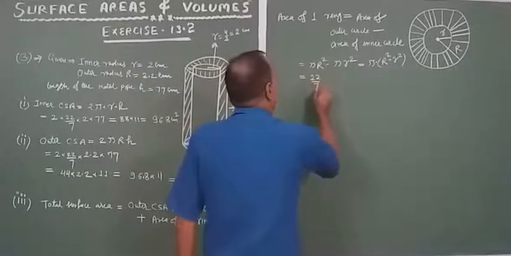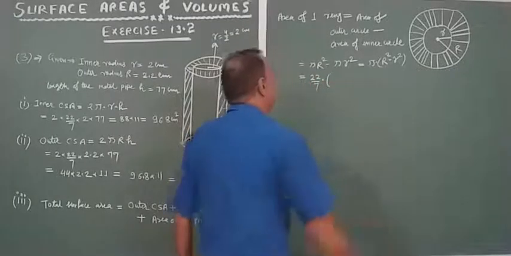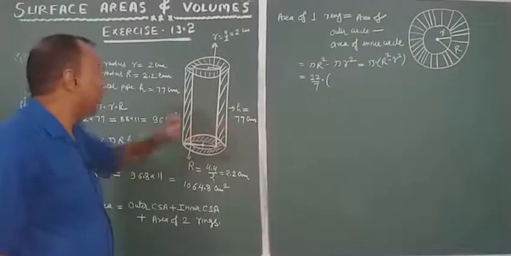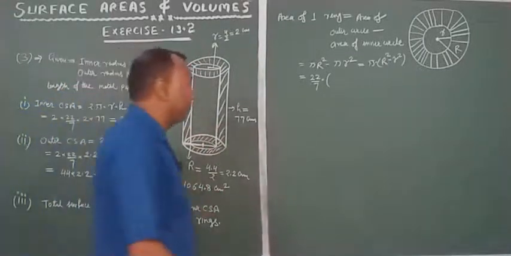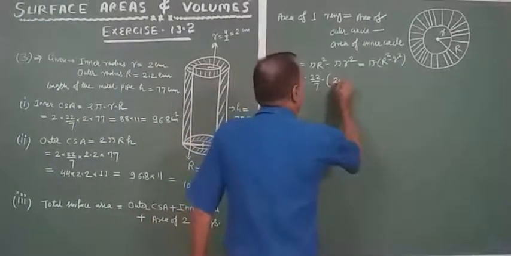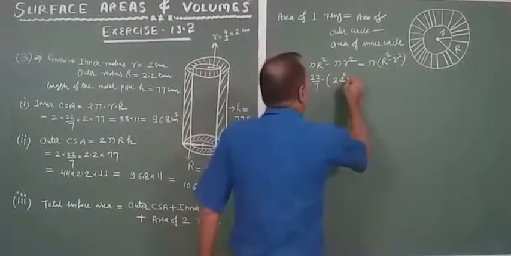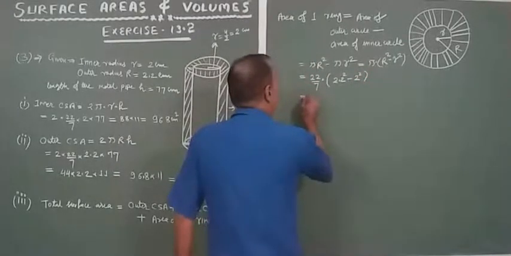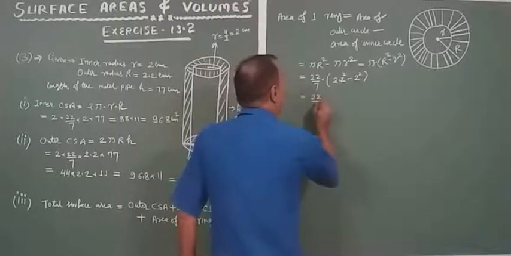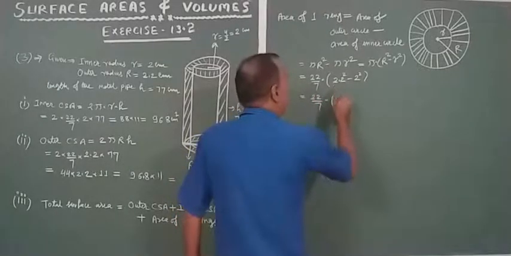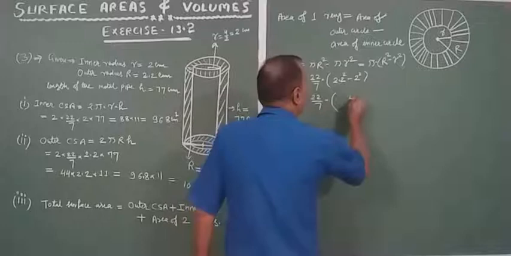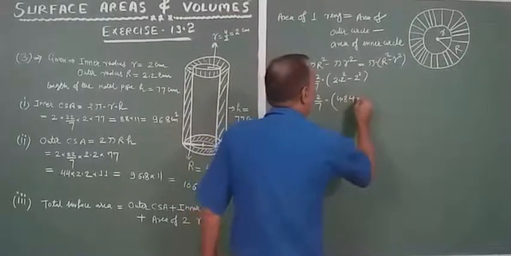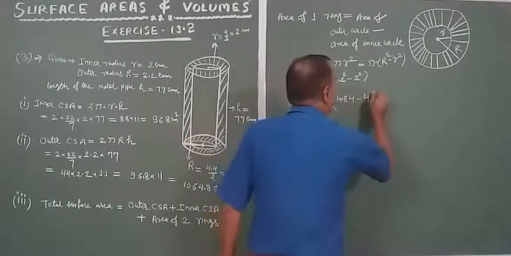Pi is 22/7, and what is the value of capital R? That is 2.2. So 2.2 square minus 2 square. This will be 22/7 into 4.84 minus 2 square, which is 4.